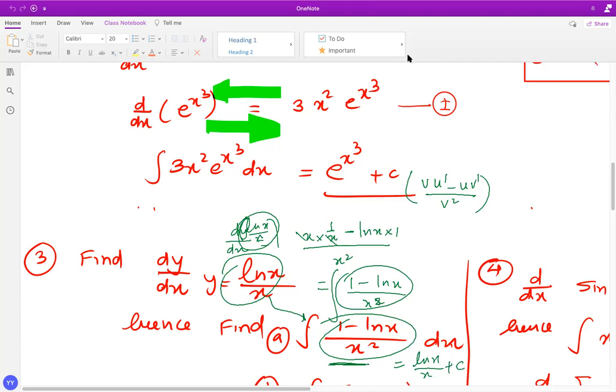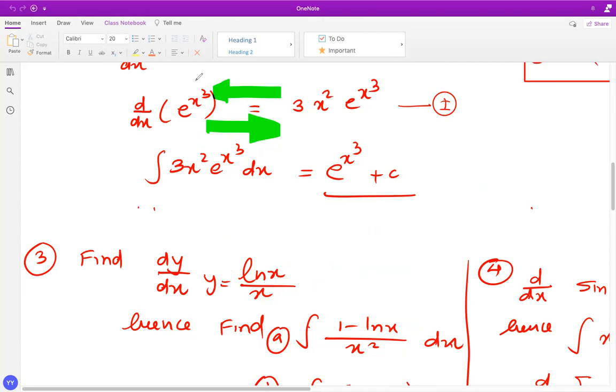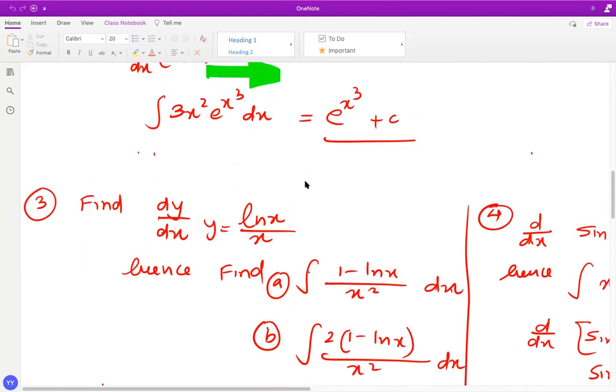Now the one with a little bit of adjustment is here. Let's say I wanted to find the integral of 2 times 1 minus ln x over x squared. Sometimes they say, find the derivative of this and hence integrate 2 minus 2 ln x over x squared. So this is supposedly given to us.